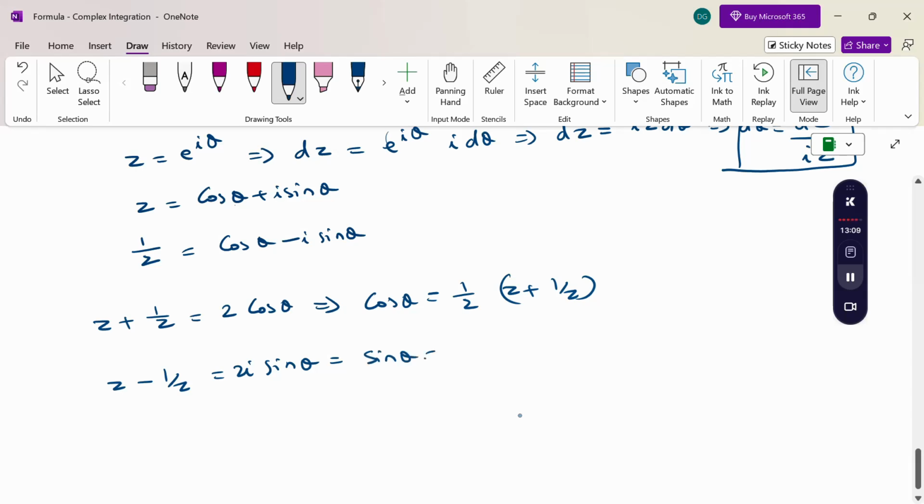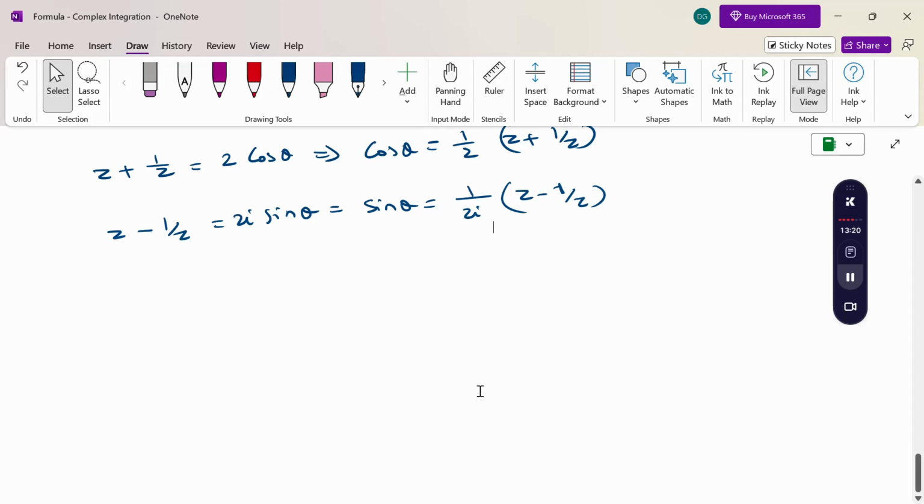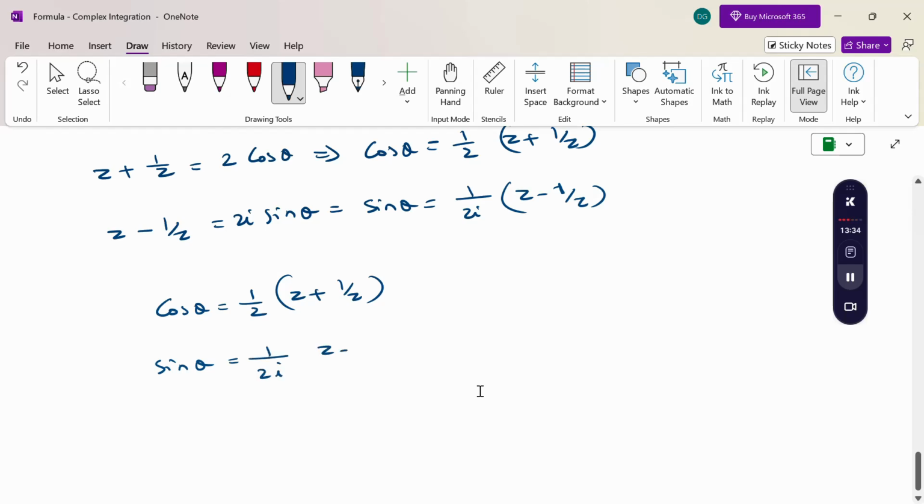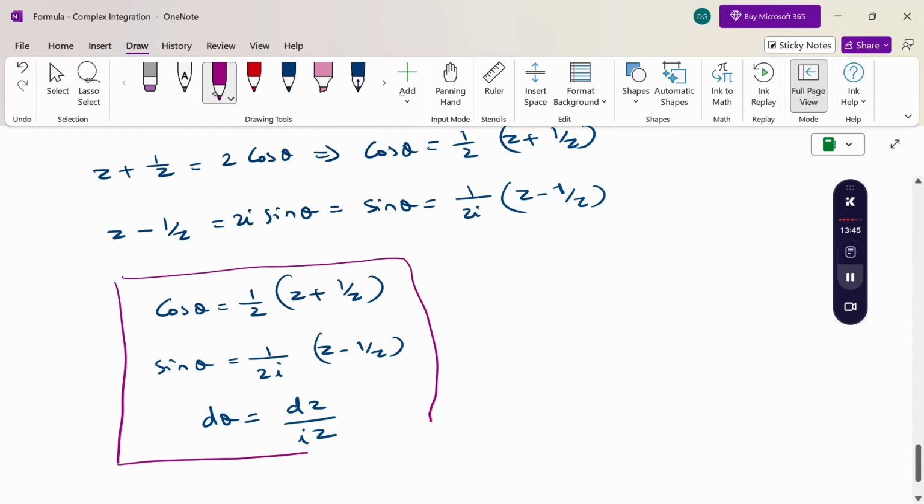So sin theta equal to 1 by 2i of z minus 1 by z. Very short to remember this. When a sin theta cos theta type of problem is given, substitute cos theta equal to 1 by 2 of z plus 1 by z, sin theta equal to 1 by 2i of z minus 1 by z, and d theta equal to dz by iz. So use this substitution to get the contour integration form.